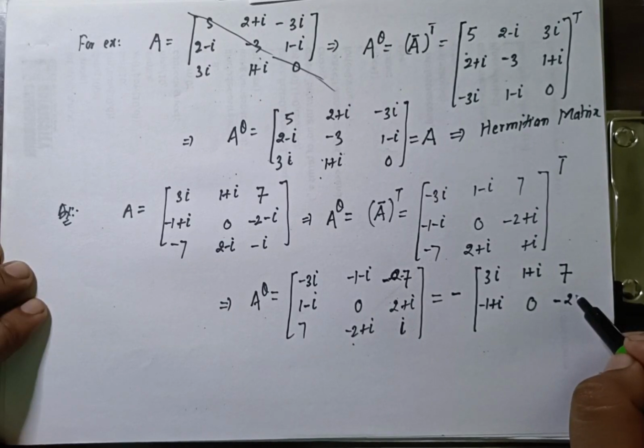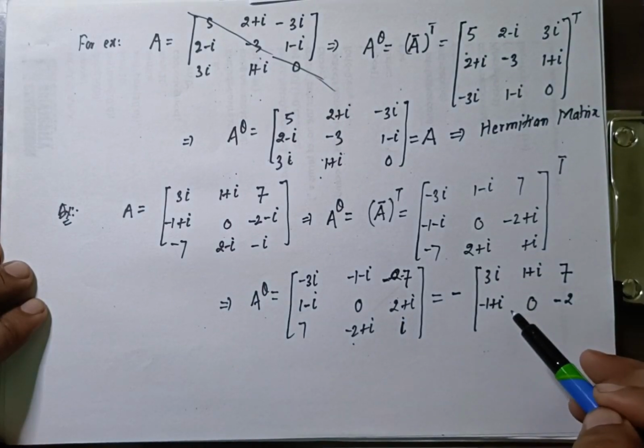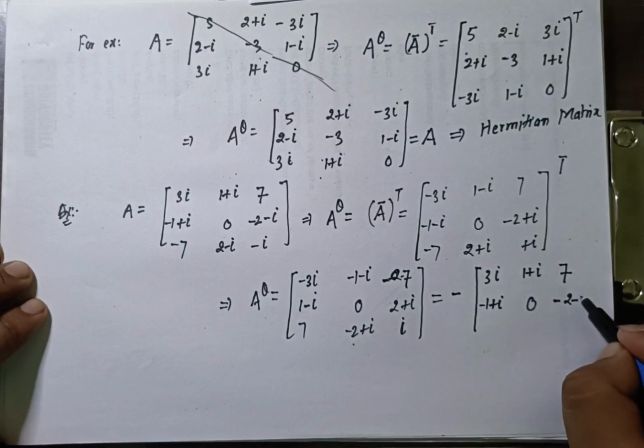Okay, let me check, here we have made some mistakes. If I am writing 2 plus iota here, it will be minus 2 minus iota.